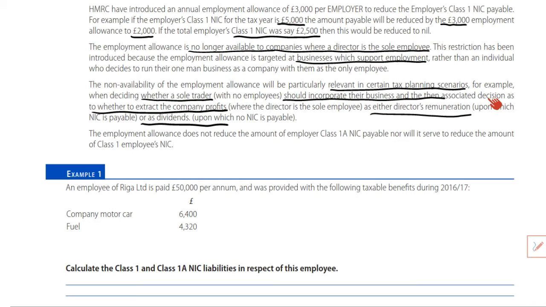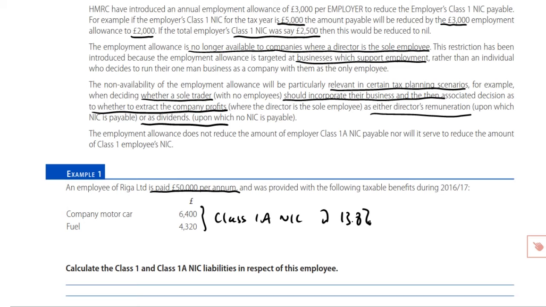So what do we know here about the contributions to be paid and by whom? Employee has got, let's get a pen working, £50,000 per annum is the salary paid, and got benefits. Now, in relation to those taxable benefits, car and fuel benefits, that we know is Class 1A NIC, and it's at 13.8%.